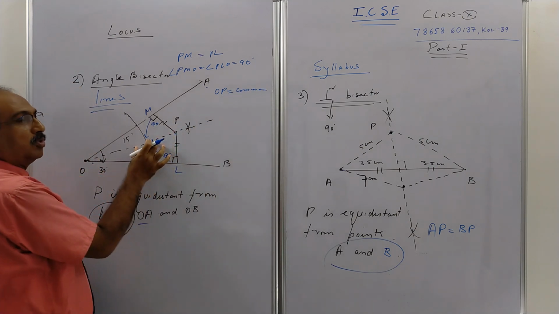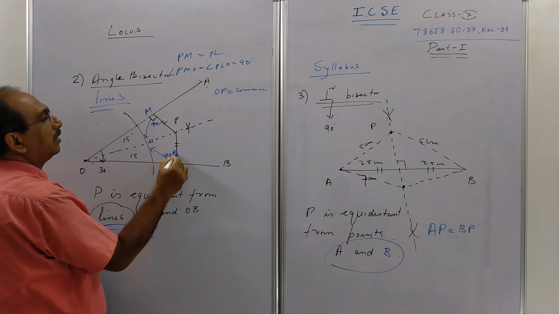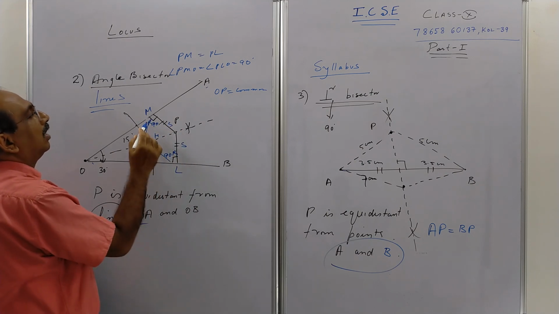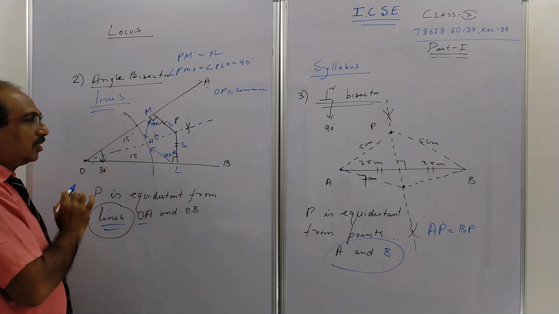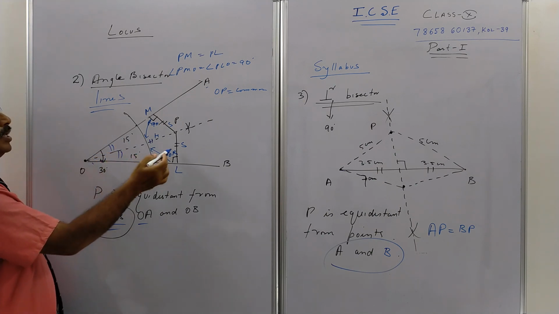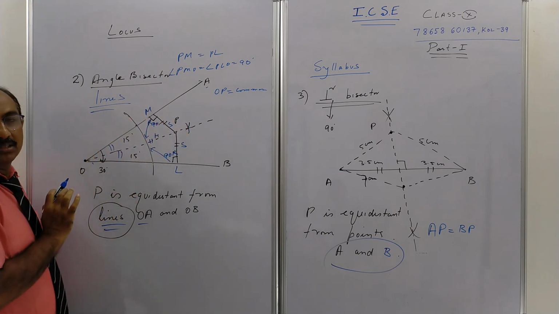So once more, the hypotenuse is common. This is 90 degrees. RHS rule: R right angle, hypotenuse and one side. By the RHS rule, both the triangles are congruent, therefore these two angles are equal. Opposite to equal sides are equal angles, therefore this is the angle bisector.